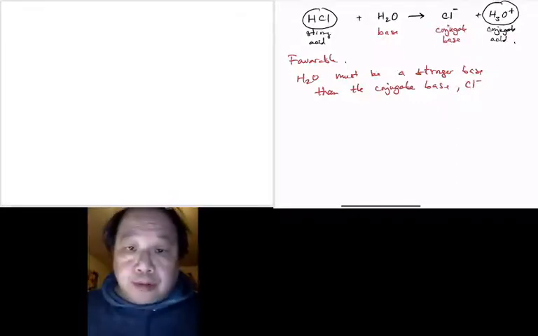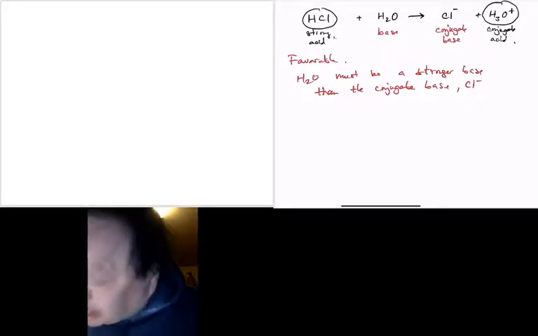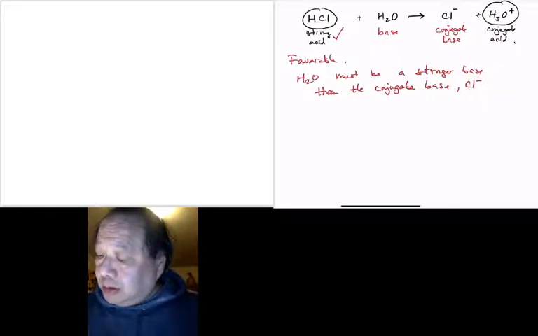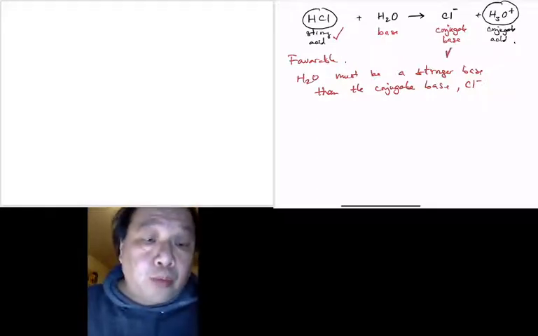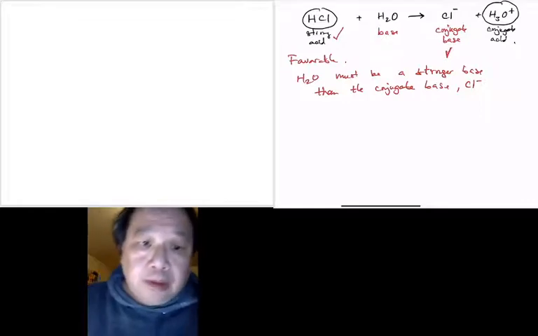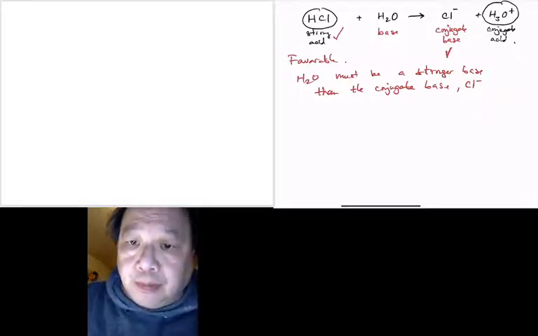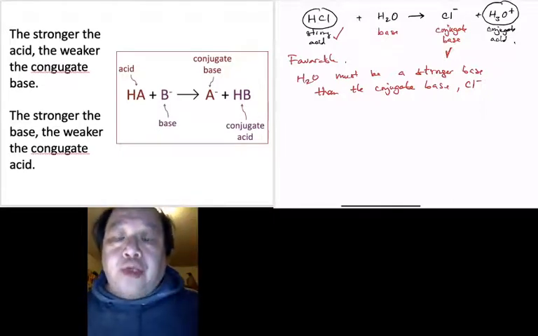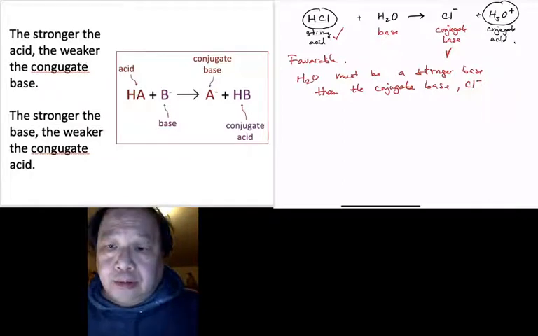In other words, because HCl is such a strong acid, its conjugate base is an incredibly weak base. And so the observation that we see then is the stronger the acid, the weaker the conjugate base.